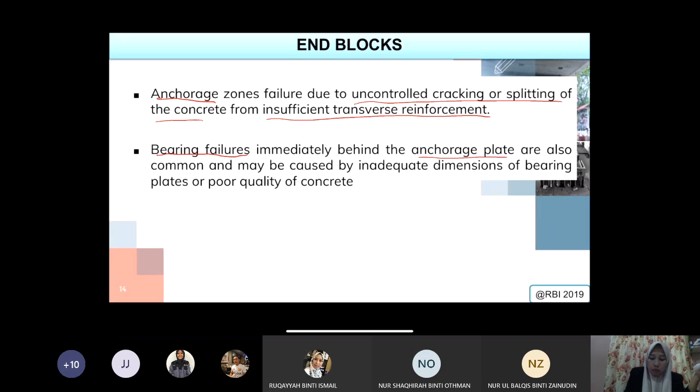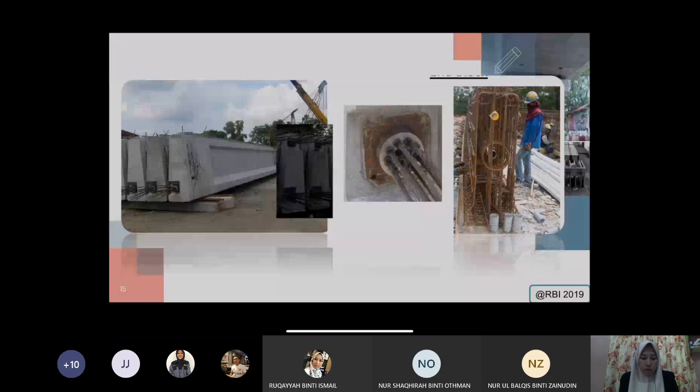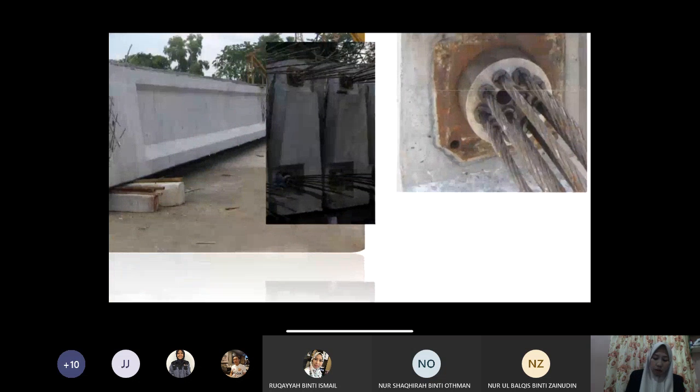It is also common and may be caused by inadequate dimensions of the bearing plates, so the plate itself is not properly designed, and also by poor quality of concrete and poor workmanship during concreting.